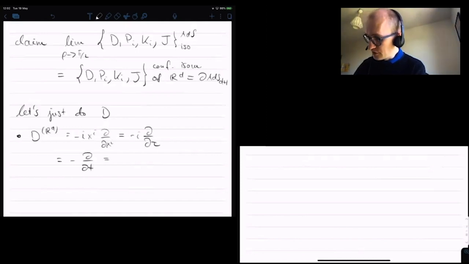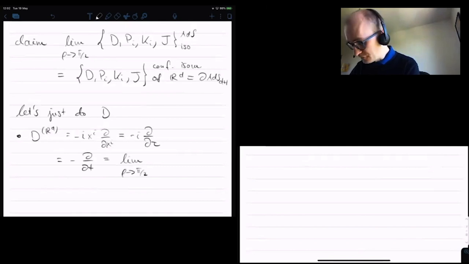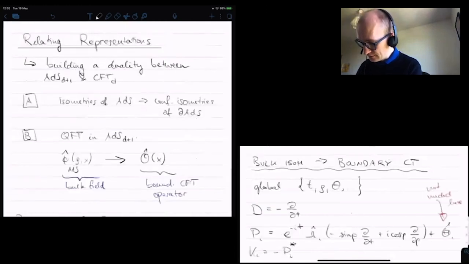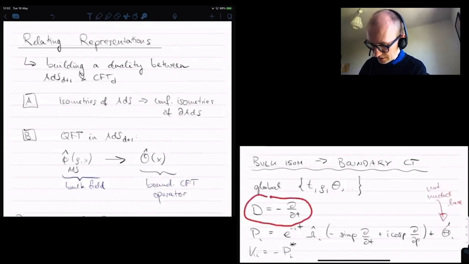That's going from Lorentzian to Euclidean signature. And this, of course, is now the limit rho goes to pi over 2 of D AdS, because I stated to you that if you look at our identification, you find that it's minus d by dt.